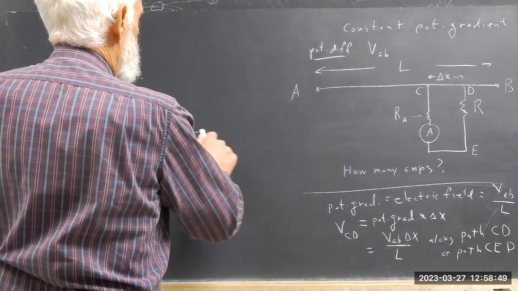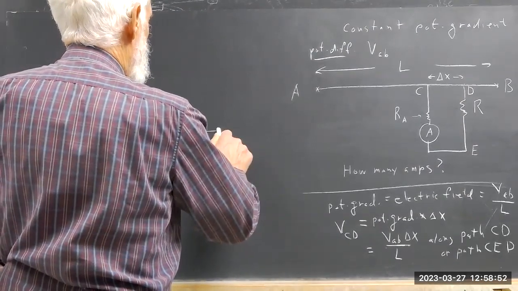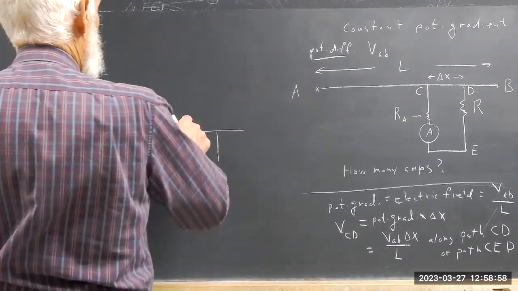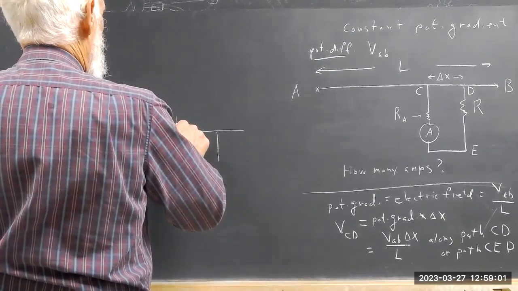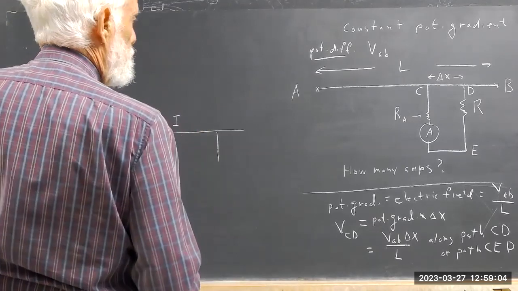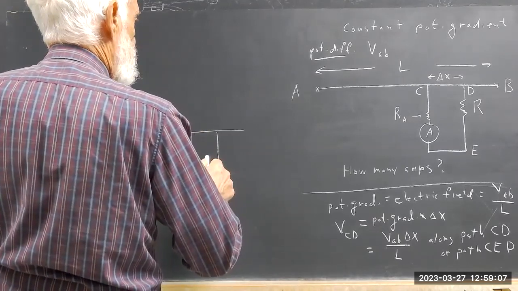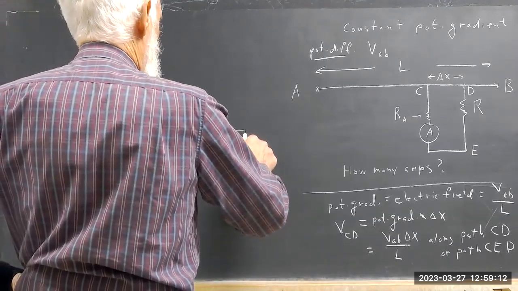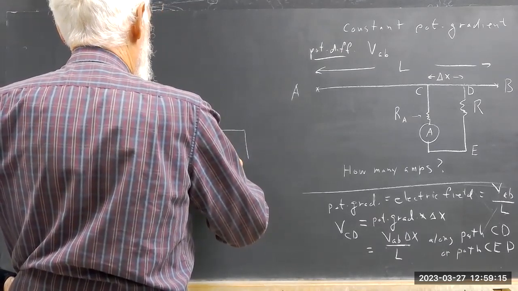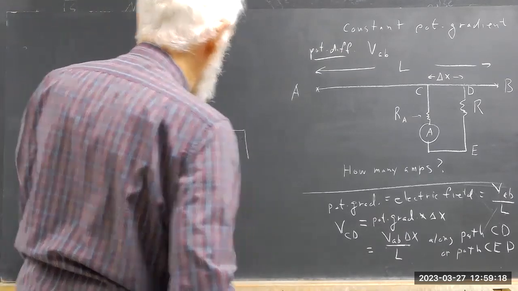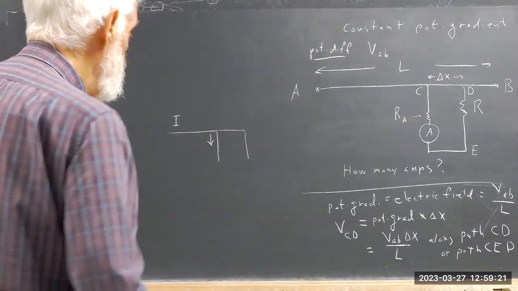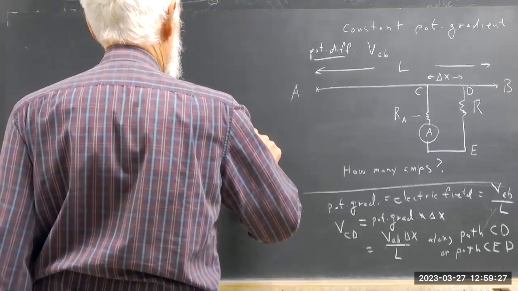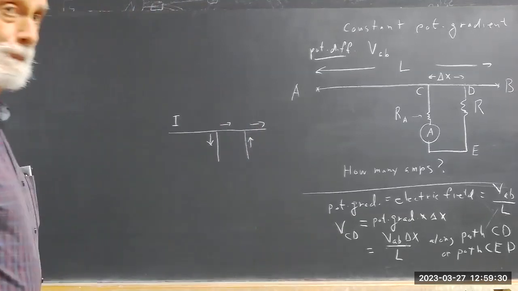Now, when we get up to point C, we have some current. Then we have a current, let's call it I here. Then, a little bit complicated, but we have some current going down this way, and some current going this way, and some current coming back this way, and some current going out this way.